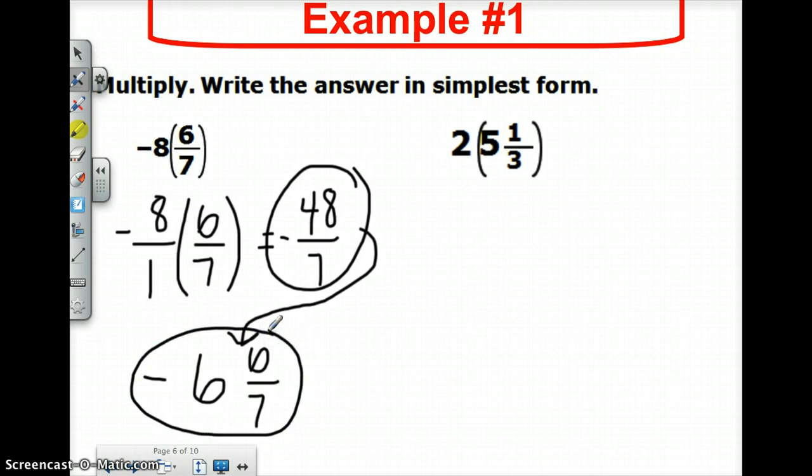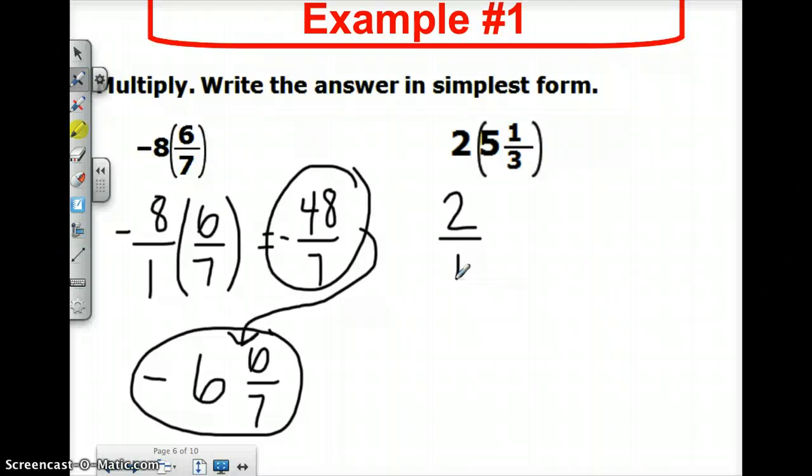Let's go ahead and work on our second problem. Here you will notice I have the whole number of 2. I'm going to go ahead and write that as 2 over 1. But now I am multiplying that times 5 1/3. I cannot leave 5 1/3 in the form that it is in. We must change this to an improper fraction.